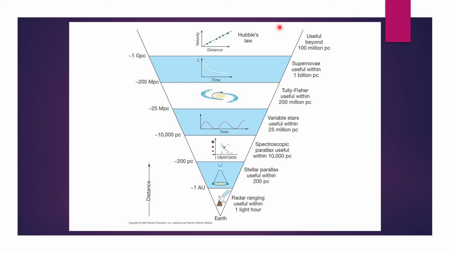And the Hubble's law method is useful beyond 100 million parsecs. Now, these are the methods which are in use to calculate distances to celestial objects. In the upcoming videos of this series, we will discuss each of these methods.